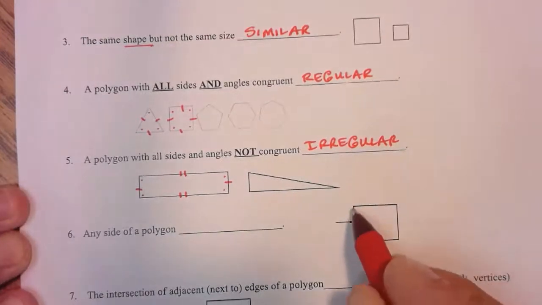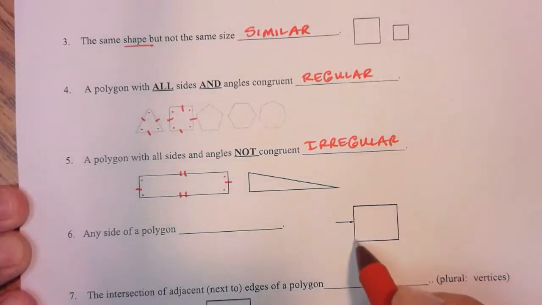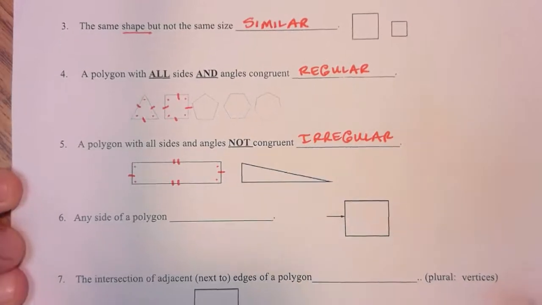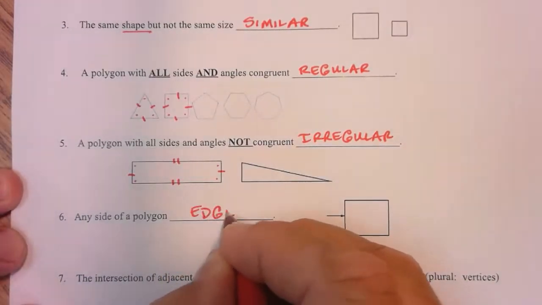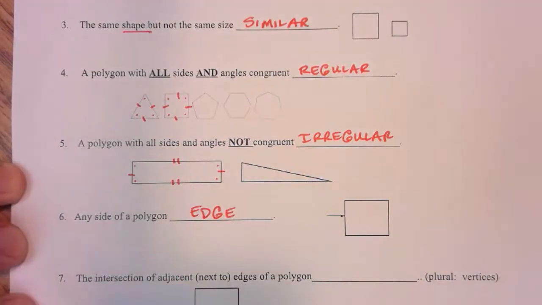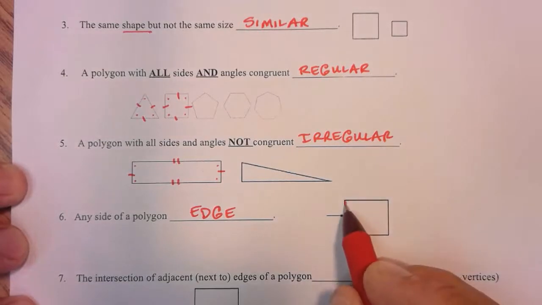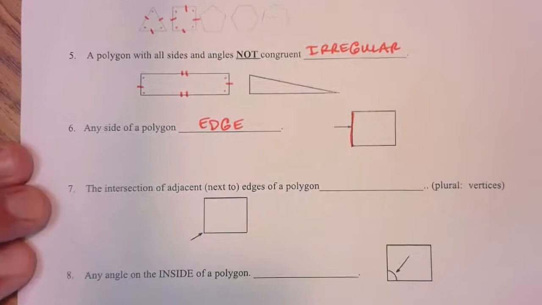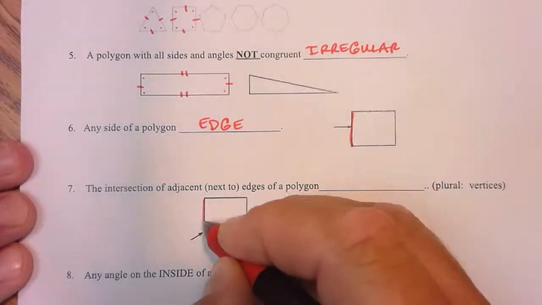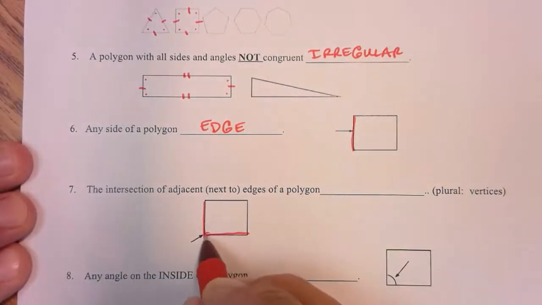Now, even though you and I both would call this the side of this polygon, in geometry it's got a different term. It's called the edge. So if you ever hear the edge, and we're going to be talking more about that with our 3D unit, an edge is any side of that polygon. Now, when two edges join, they form a corner.